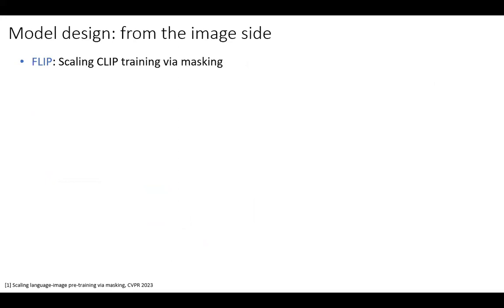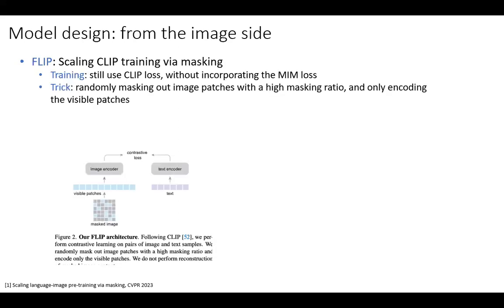In terms of model design, from the image side, one recent interesting paper is the FLIP paper. In terms of training, it still uses the original CLIP loss, and even the MIM loss is not used, because later on they show the MIM loss is basically not useful to enhance the CLIP model. But the trick is that the authors propose to randomly mask out image patches with a high masking ratio, and then only encode the visible patches.